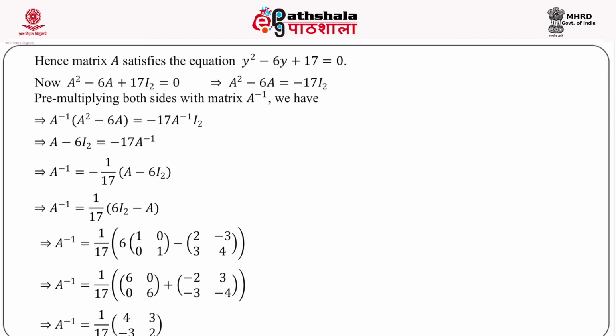So on left hand side we will have A minus 6 into identity matrix of second order, and on right hand side A inverse into identity matrix will be A inverse. So from the right hand side, A inverse can be found by dividing by minus 17 on left hand side. So A inverse is given by this matrix. Now substituting the values of identity matrix and A matrix and simplifying the given relation, we have A inverse given by this matrix.